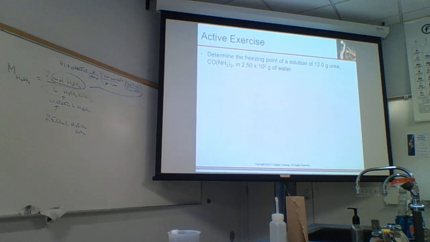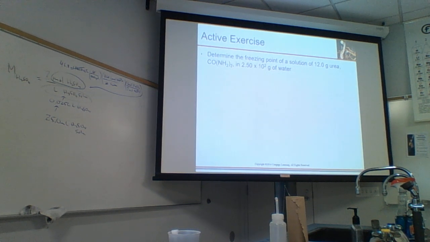So the first thing is to get the molality. The molality is equal to the moles of solute over kilograms of solvent. We have 12.0 grams of urea. Urea is CON2H4.